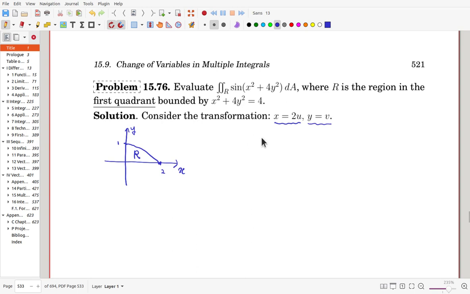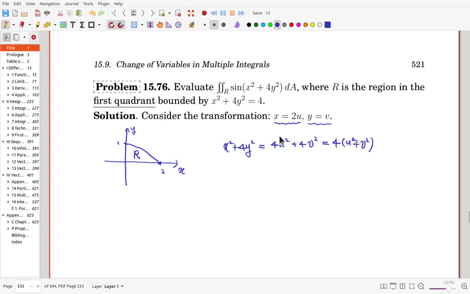Now, using this transformation, we express this function of x and y as a function of u and v. Let's see what it is. x is 2u, so 4u squared, and y is v, so that is 4v squared. So that is the same as 4 times u squared plus v squared, right?